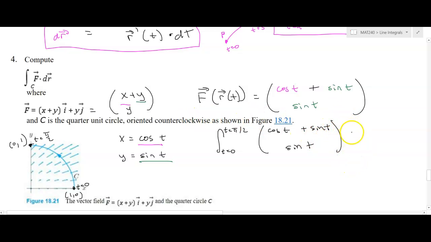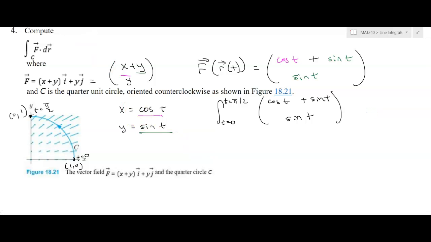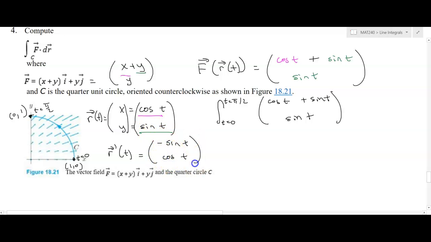Okay, so the r prime vector, which is what we now need, is the derivative of the position. So if your position vector is this guy here, then the derivative of your position vector, or your velocity vector, is going to be the derivative of cosine, which is negative sine, and the derivative of sine, which is cosine of t.